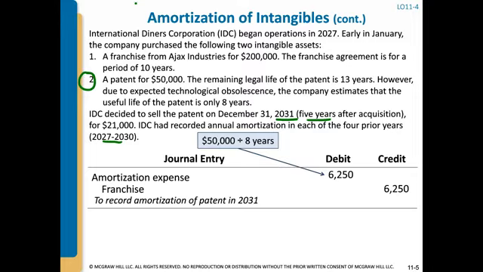So each of the 4 prior periods, they recorded amortization expense of $6,250, from 2027 to 2030. When you sell a patent, the first step is you have to record the amortization expense through the date of the intangible sale. Since they sold at the end of 2031, we have to record amortization expense for the full year. So it's $6,250.